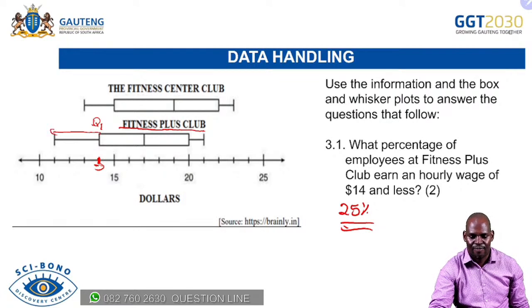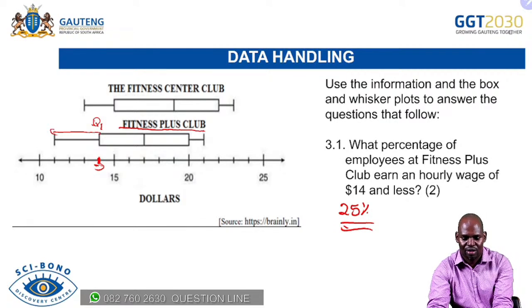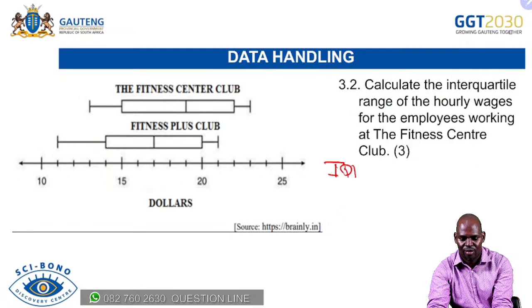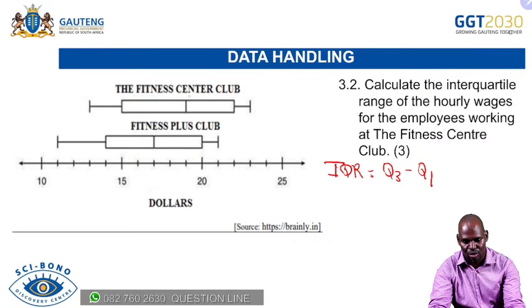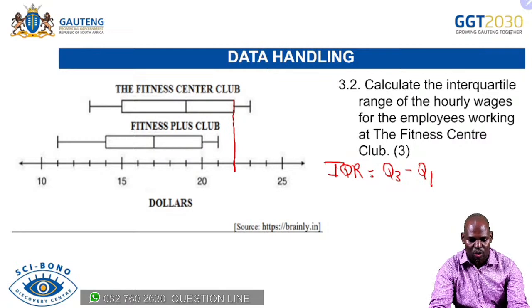Okay, then number 3.2, calculate the interquartile range. Again, there's the IQR. You should know this by now, Q3 minus Q1. But again, we have to make sure that we read from the correct diagram. The fitness center club, is that the top one? We need to determine quartile 3, somewhere there, and then quartile 1, somewhere there.